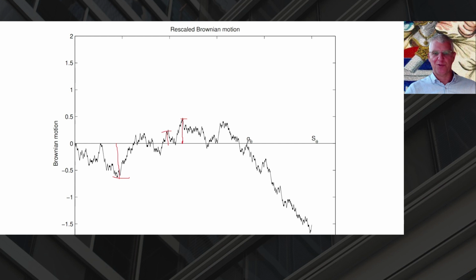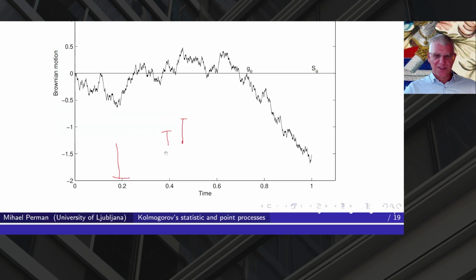So I will take the absolute value of every height, and I will see which one is the largest one, and that will be the maximum. And that maximum is just the rescaled Kolmogorov statistic. I will maybe show you a clearer picture a little later, but let's go on with our slides.